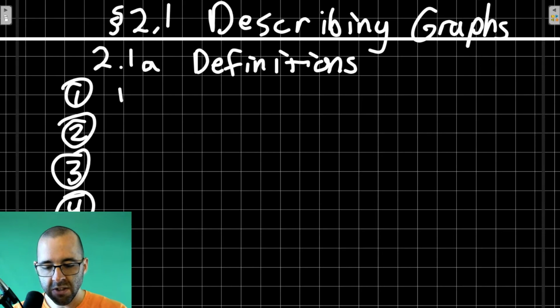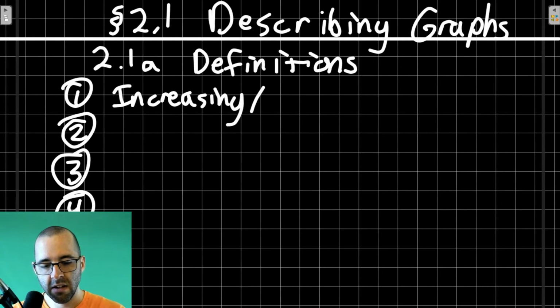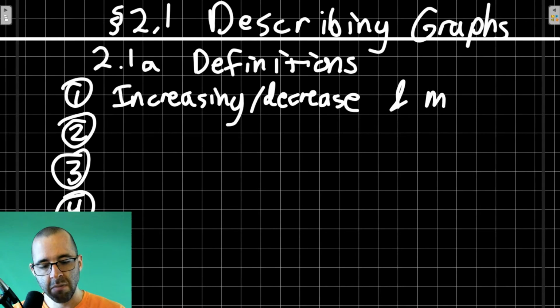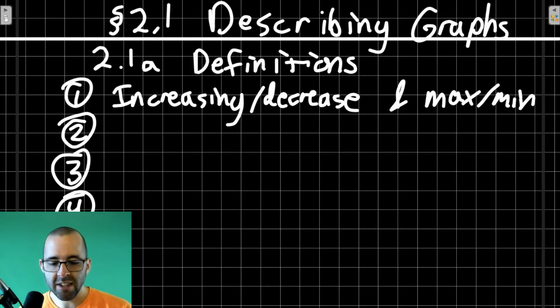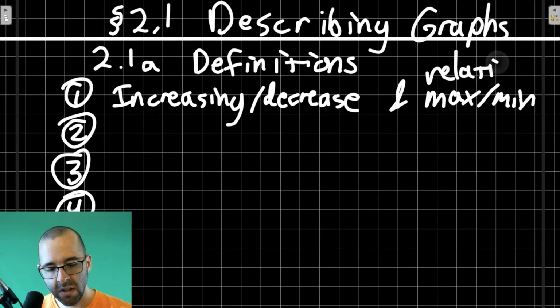So the first category is when a function is increasing and decreasing, as well as maxes and mins. Roughly, it's increasing if it's going up, it's decreasing if it's going down. We'll talk about that. And a local max and a local min, sorry, these are relative or local.